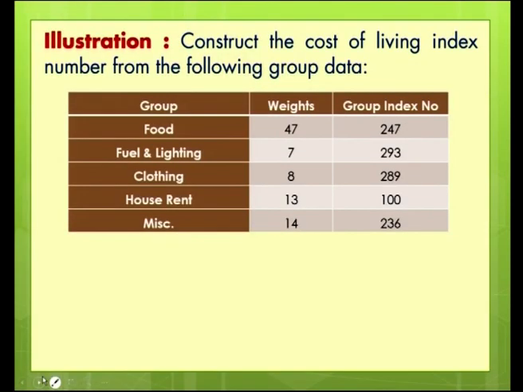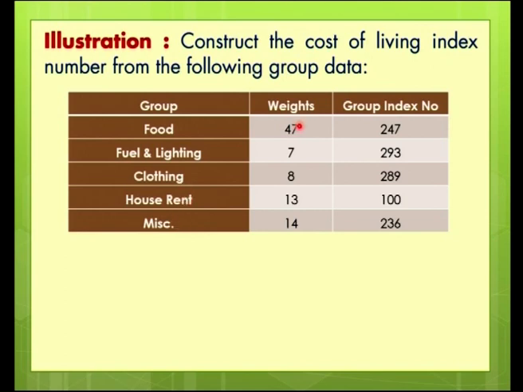Okay. This following example shows you how the cost of living index number or consumer price index number is calculated when data is given. So, the data is divided into 5 groups: food, fuel and lighting, clothing, house rent and miscellaneous.